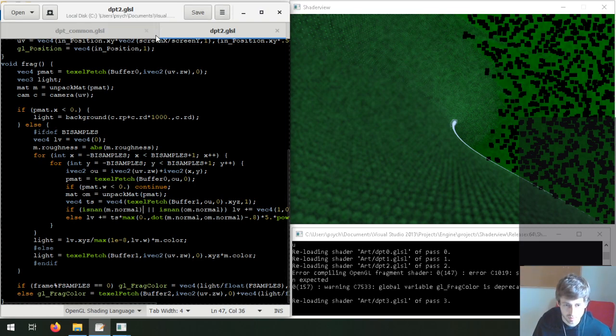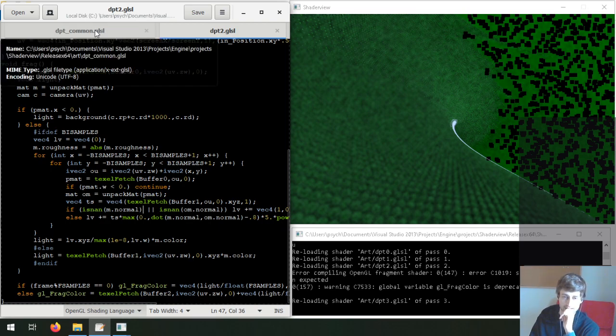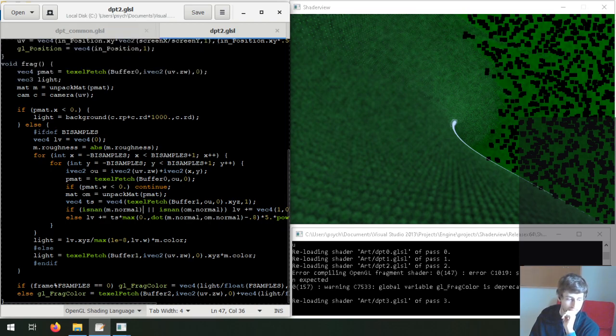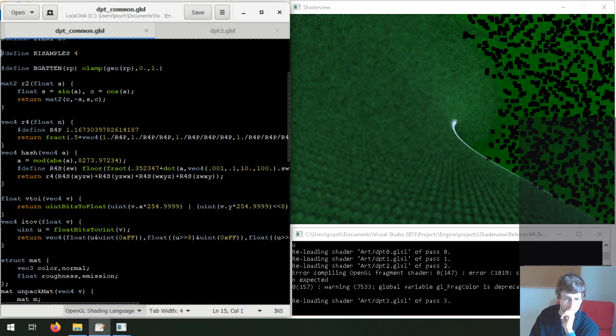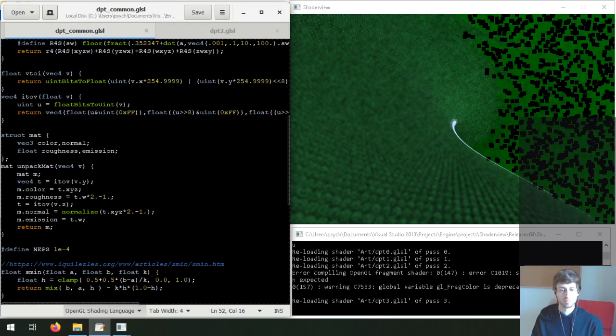Oh, this returns an array. Huh. This could be happening when it renormalizes here if this ends up being 0.